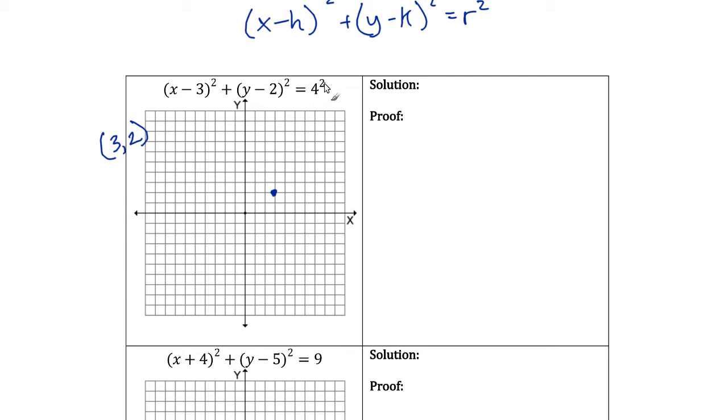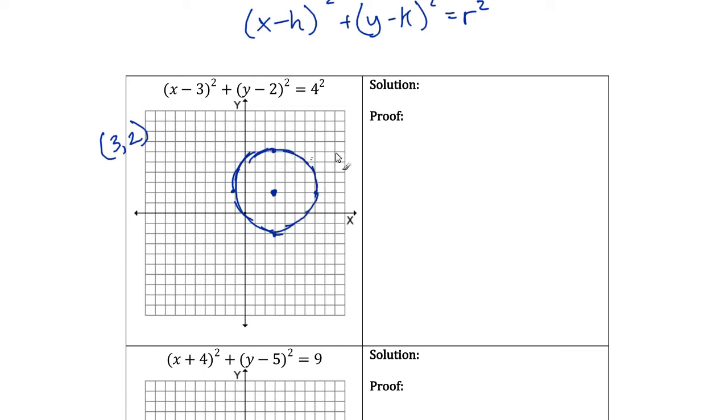The radius to the second power, so the radius is 4. I guess do your best to sketch it.